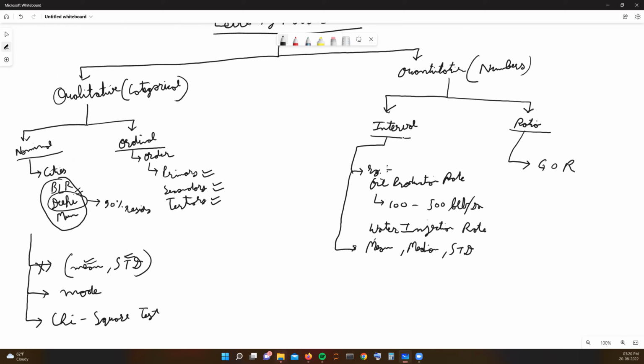If an oil well is producing, you have production data of that particular field, so there will be a gas oil ratio, GOR, feature present there, right? That will fall inside this ratio subcategory. Water oil ratio can be another example, right? Again, here we can calculate mean, median, mode, and standard deviation.